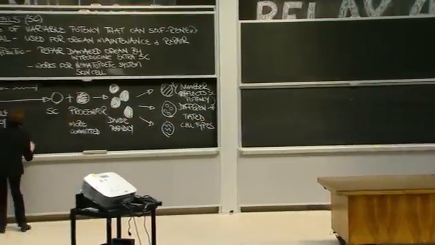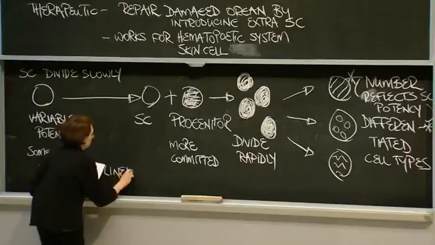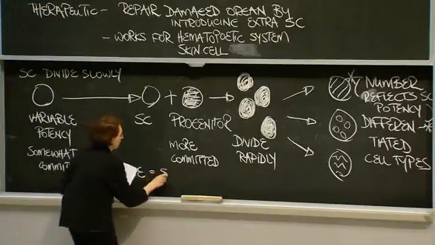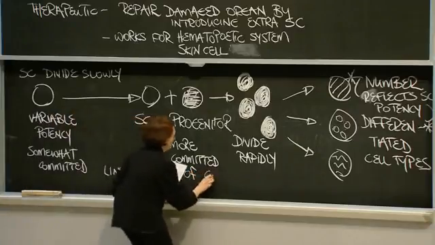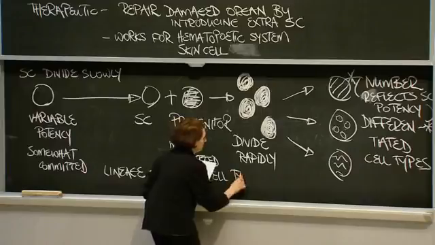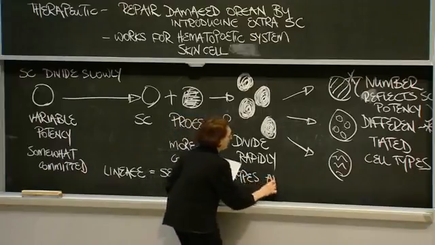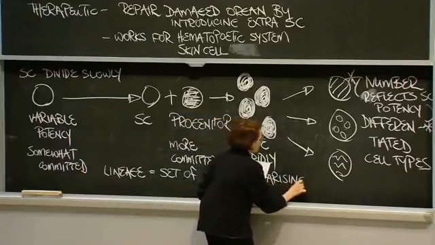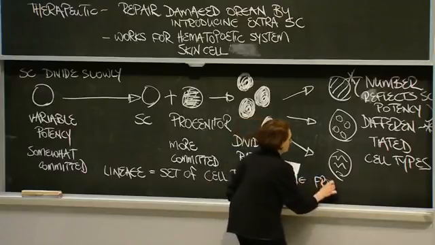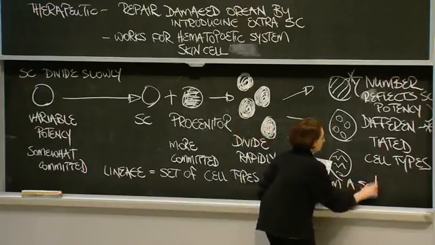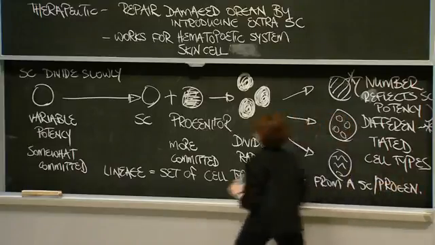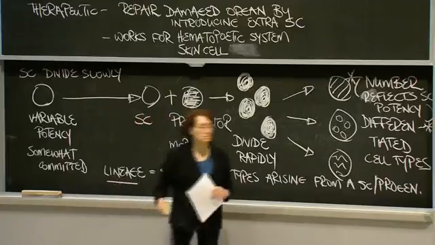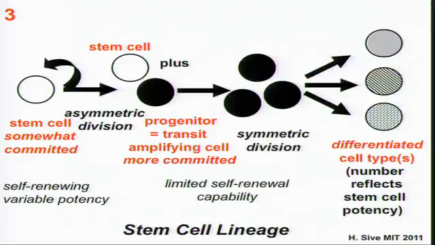So a lineage we can define as the set of cell types arising from a stem cell or a progenitor. Okay.